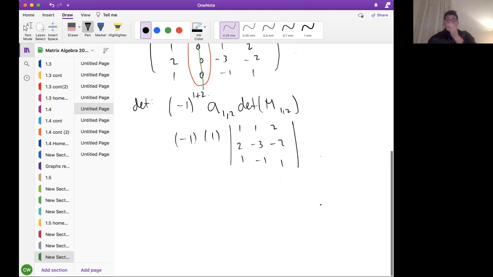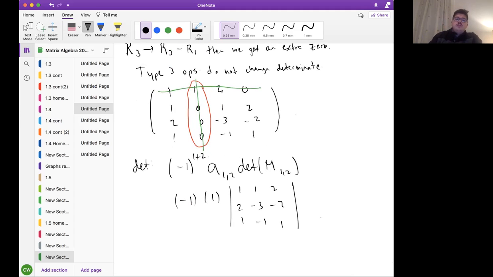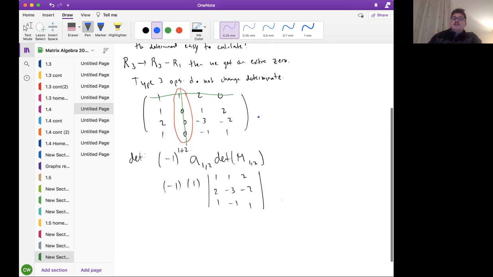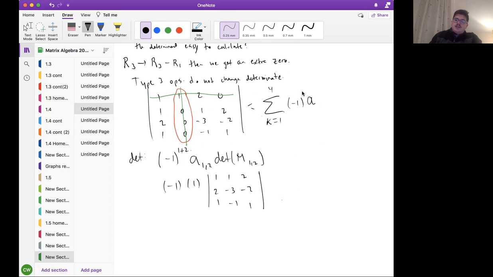Okay, so why choose coordinate 1, 2? Because all the others are zero. So if we're expanding on the second column, this is what the determinant will look like: the sum for K equals 1 to 4 of -1 to the K plus 2, A K2, determinant of M K2.